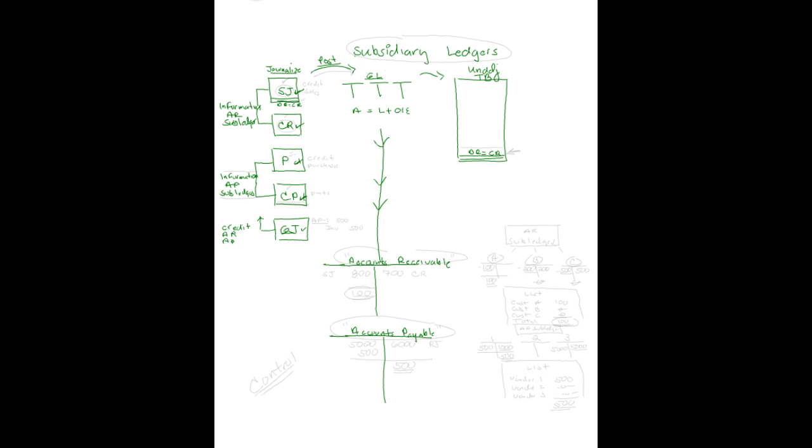When you have subledgers, you are attempting to keep track of the balance in the accounts receivable account by individual customer and the balance in the accounts payable account by individual vendor. Let's start with looking at what happens in accounts receivable, and assume you have three customers: customer A, customer B, and customer C.